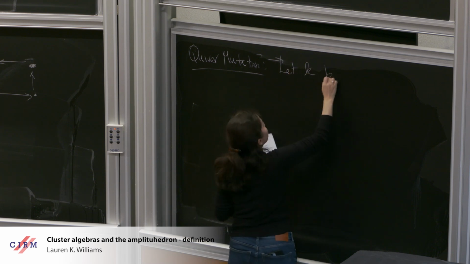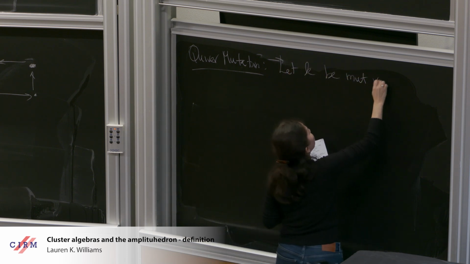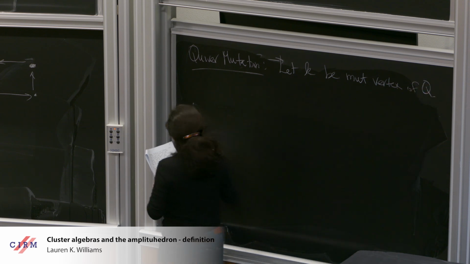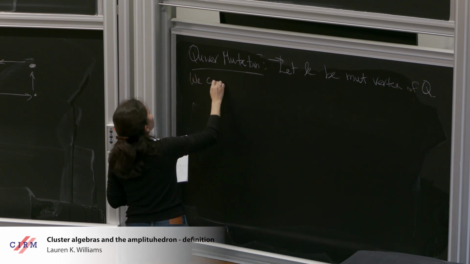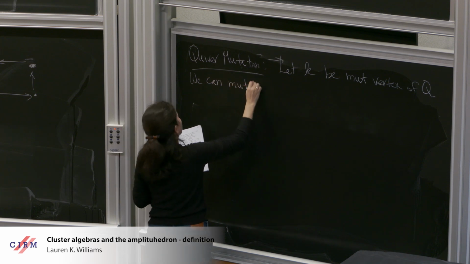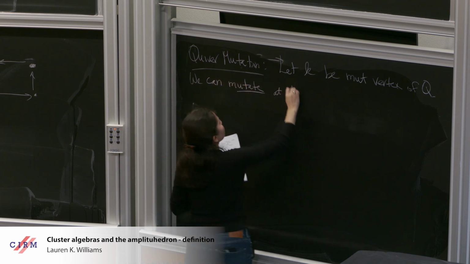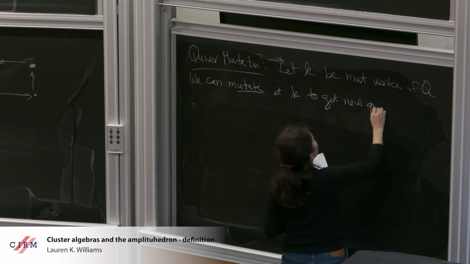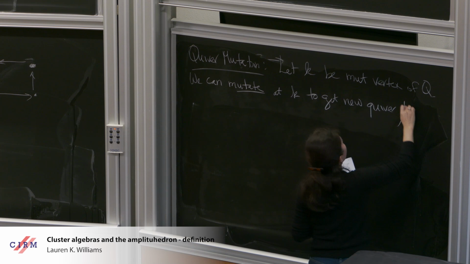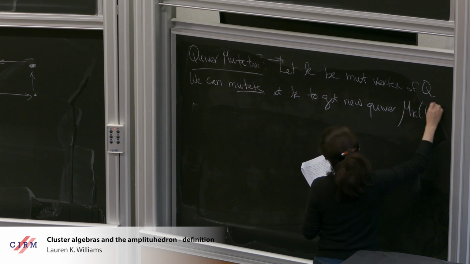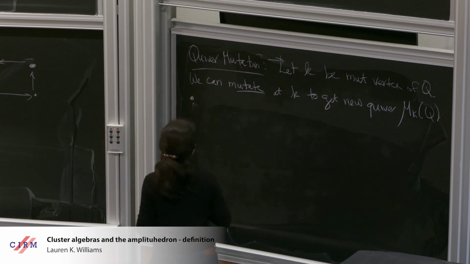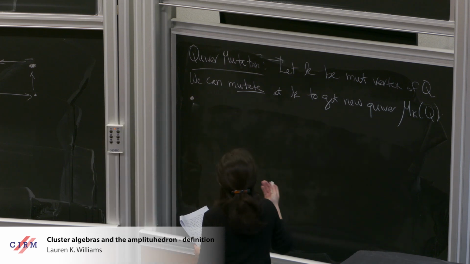Let's let K be a mutable vertex of Q. Then we can mutate at K to get a new quiver that we'll denote by mu sub K of Q. Quiver mutation is obtained by 3 steps.